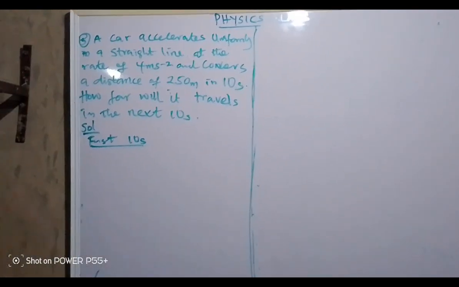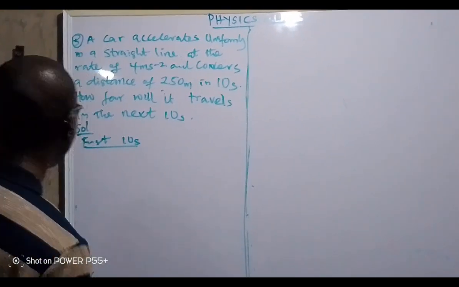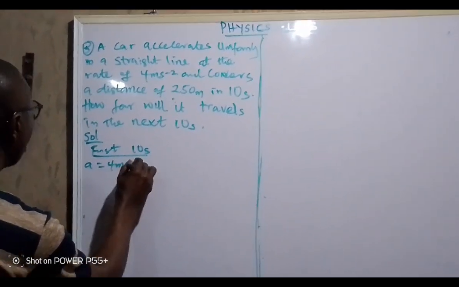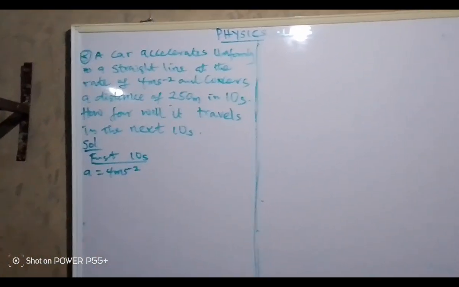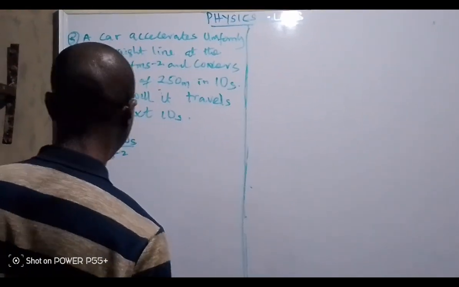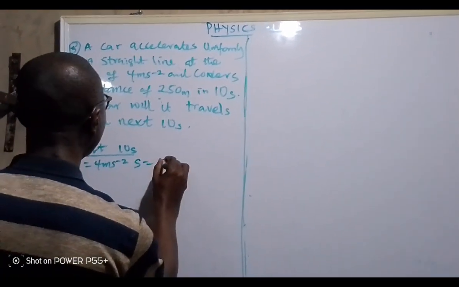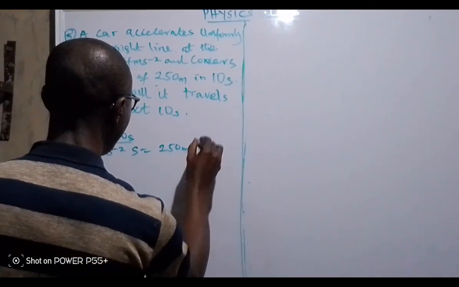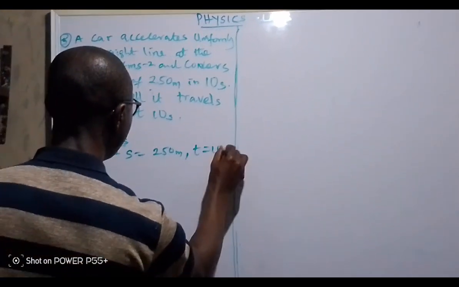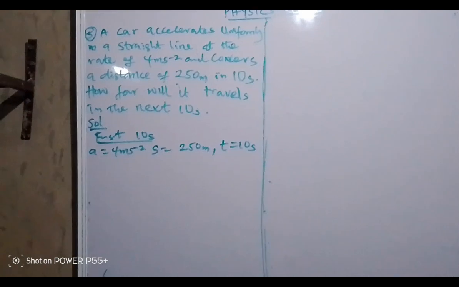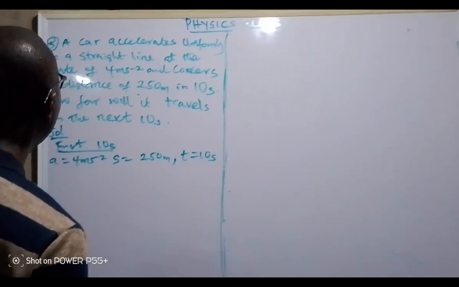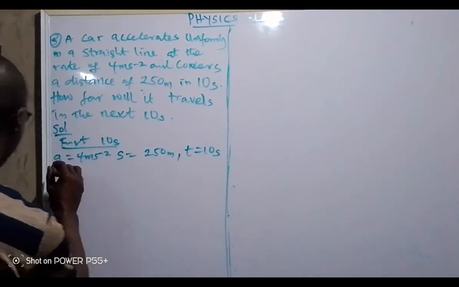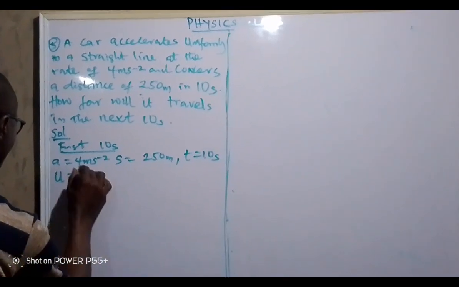Now, let's write out the parameters given. a is given, 4 meters per second squared. Then distance is given, 250 meters. Time is given, 10 seconds. The question is silent about the initial velocity, so we need to find u for this vehicle.